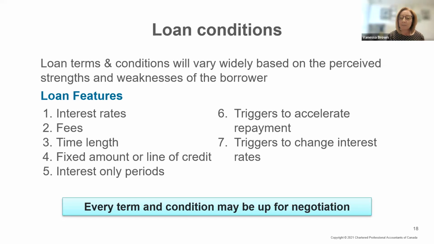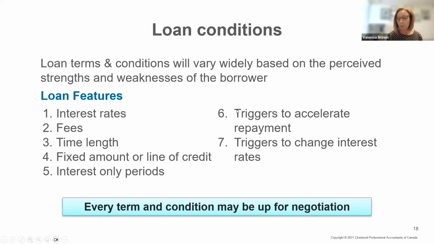There may be something in the agreement that triggers some kind of an acceleration of repayment. So if you have a debt to equity ratio covenant that you've breached, they may say, well, now we can call the entire loan, we can call a percentage of the loan.